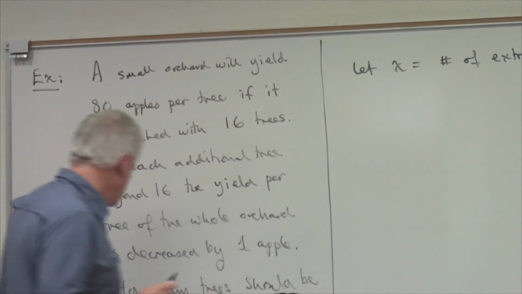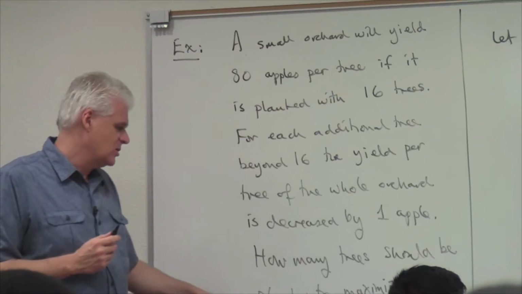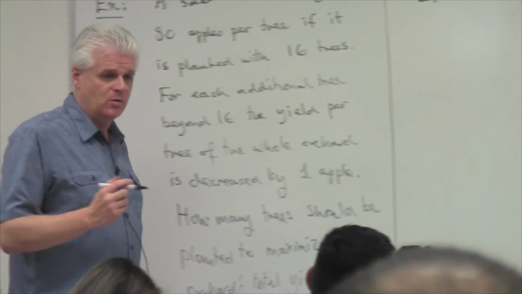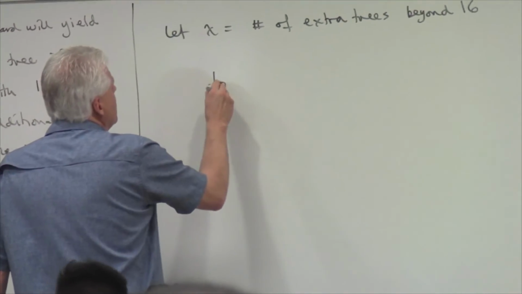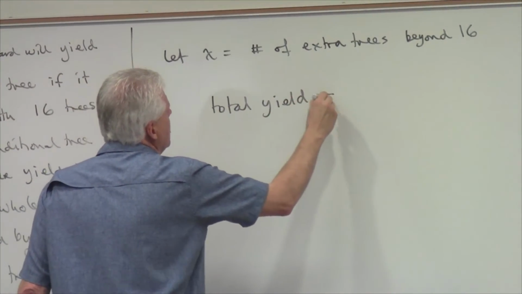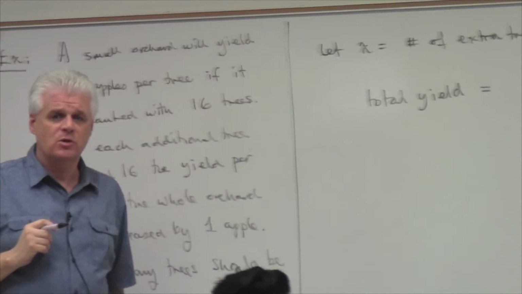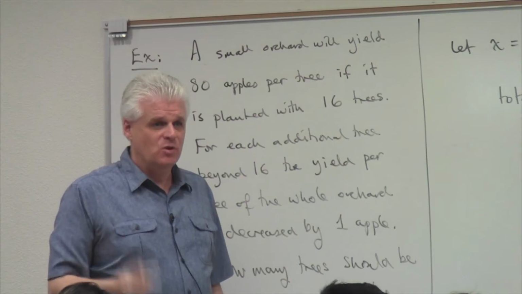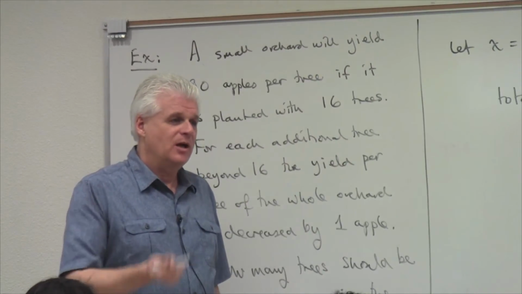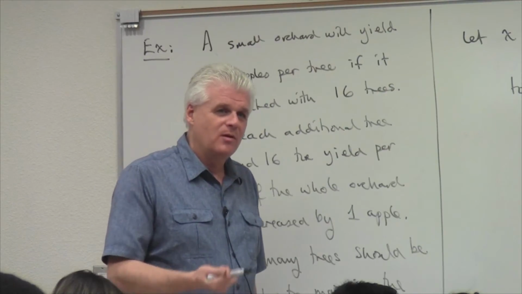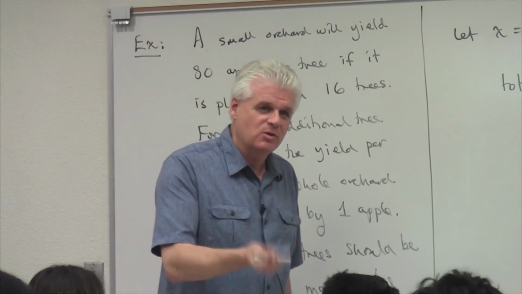Now, what we're trying to maximize here is the total yield of the orchard, which I'm going to call y. I'll write it down in words first. What's the total yield of the orchard? It's a very basic, intuitive thing. It's the number of trees multiplied by the number of apples from each tree.